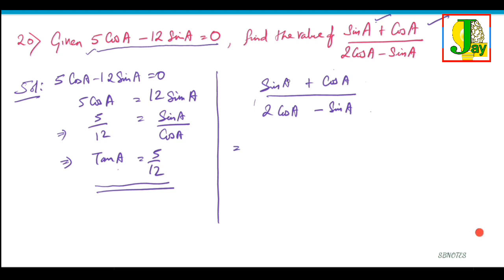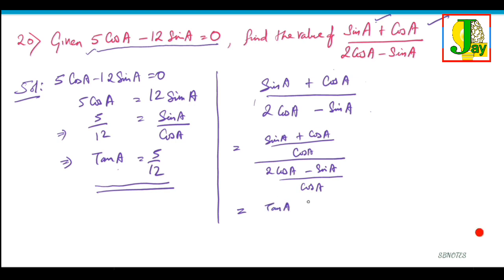The trick is to divide both numerator and denominator by cos A to get tan A. Sin A plus cos A by cos A, and 2 cos A minus sin A by cos A. So we divide both numerator and denominator by cos A. Now separating it, sin A by cos A is tan A plus cos A by cos A is 1.